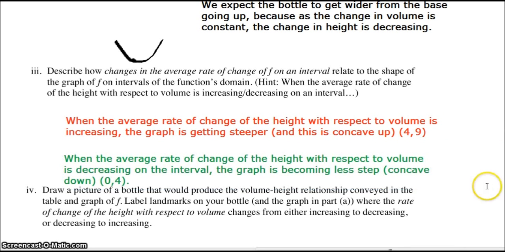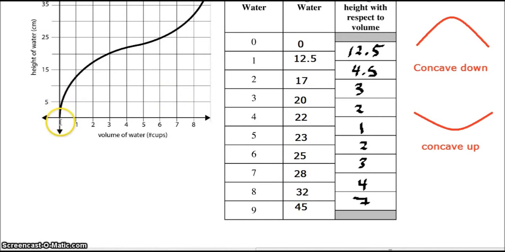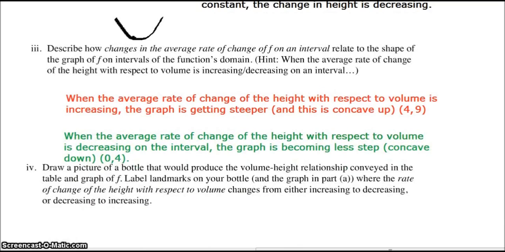And when the average rate of change of the height with respect to volume is decreasing on the interval, like from 0 to 4, we say that's concave down. Notice that concave down shape here, and the concave up shape here. And so that's becoming less steep. Sorry about the misspelling there.